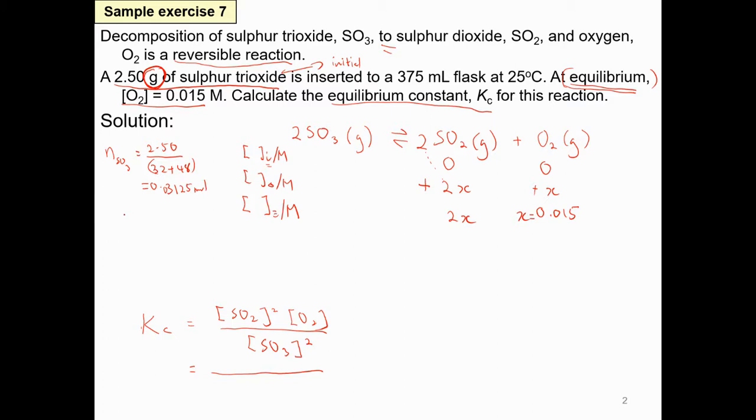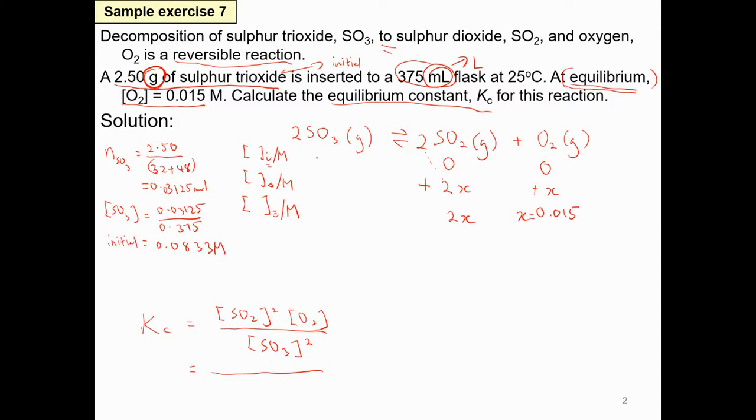Okay, this is just mole, but we need to get concentration. So concentration of SO3 equals mole per volume. Volume given is ml, so remember to change to liter. So it is 0.375. So the final answer is 0.0833 molar.